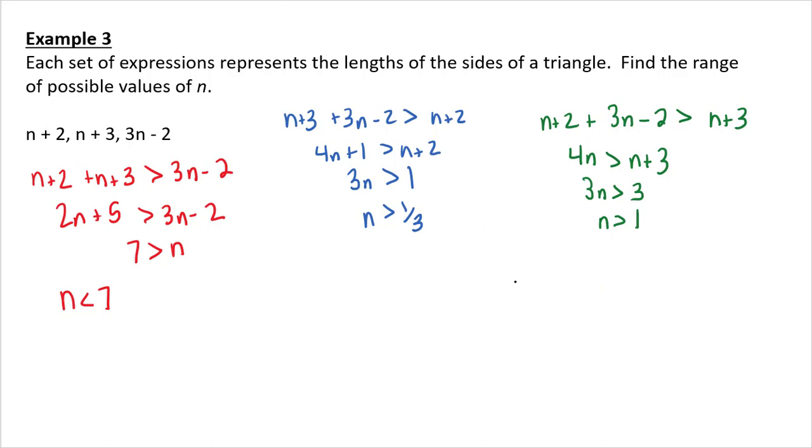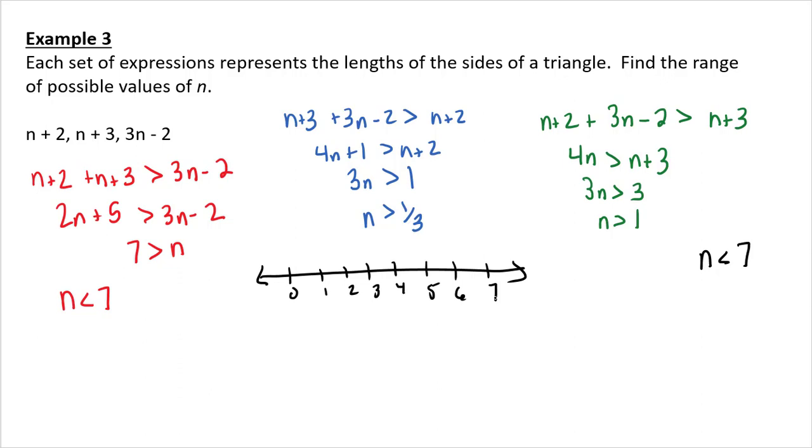So now I need to figure out, I know definitely n has to be less than 7. So I know part of my answer is n is less than 7. But I need to decide between these two. So what I kind of want to show you is, if this is 0, 1, 2, 3, 4, 5, 6, 7, this is a compound inequality. An "and" inequality is the statement where all of the inequalities are true. So let me just show you. N is less than 7. Graphing that on my number line, n is less than 7.